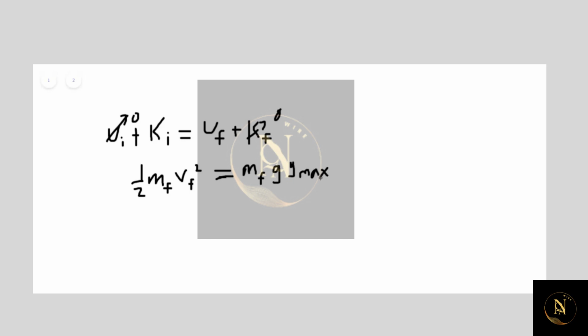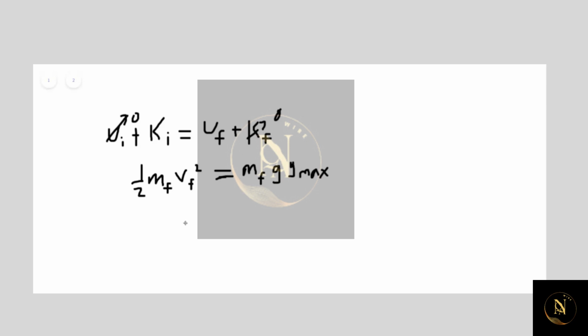We knew that K sub f is 0 at y max, right? If it wasn't at y max, there could be a final kinetic energy if the ball is in motion, but at the peak height the ball is not in motion, so that is 0.